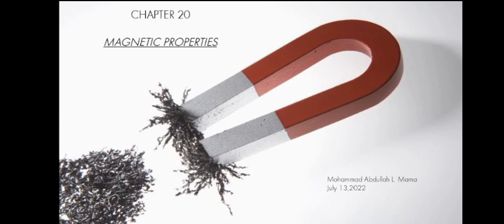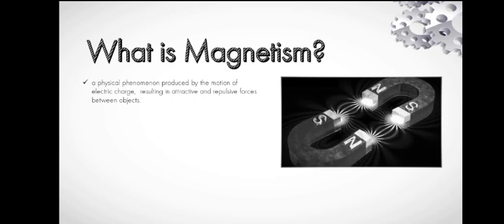So let's proceed to what is magnetism. Magnetism is a physical phenomenon produced by the motion of electric charge resulting in attractive and repulsive forces between objects.